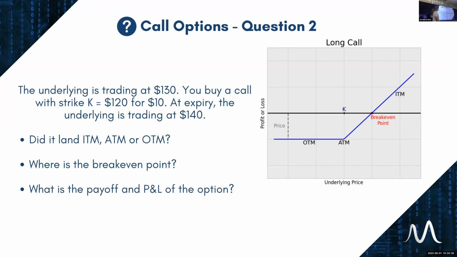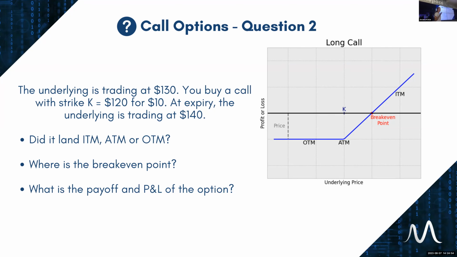And last question is, what is the payoff and P&L of the option? What was the payoff in this scenario? Yeah, P&L is $10. What's the payoff? So payoff is the maximum of 0 and S minus K, where K is the strike.